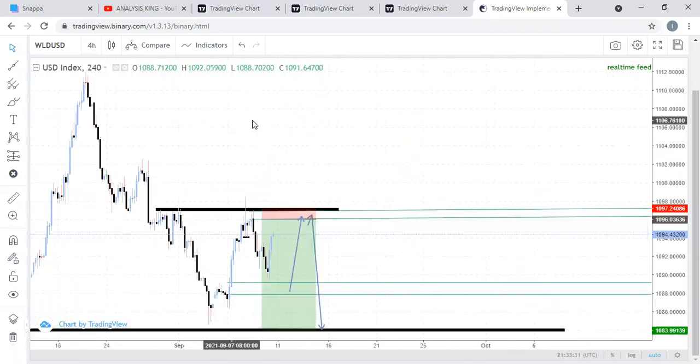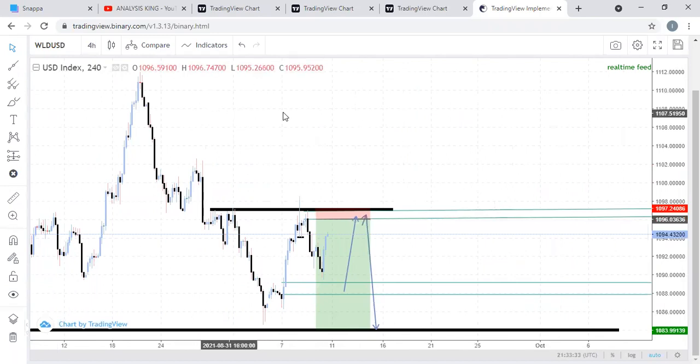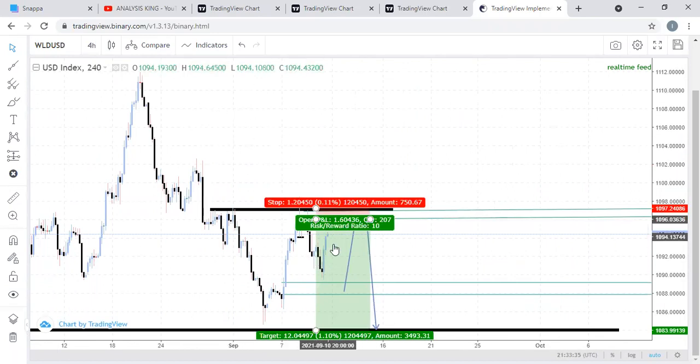Basically, we can see that there is a huge strength in the dollar.